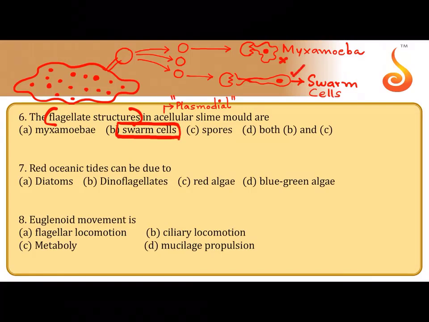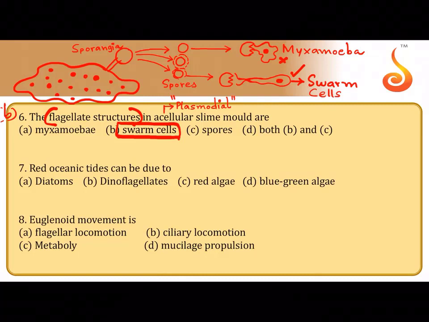So remember, these are obtained from the spores, and the spores surprisingly have cell walls in them. This is another unique feature, and these erect structures which develop from the plasmodia are referred to as sporangia, plural. Okay, so it is option B.